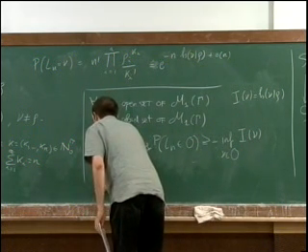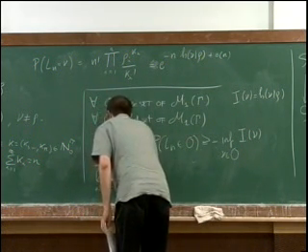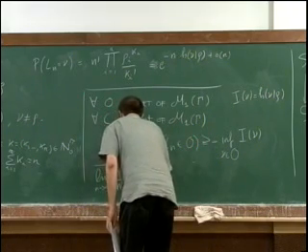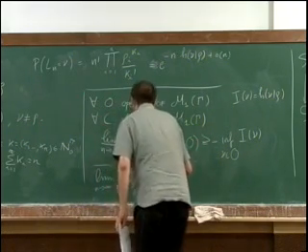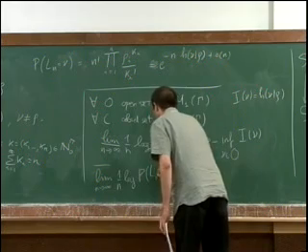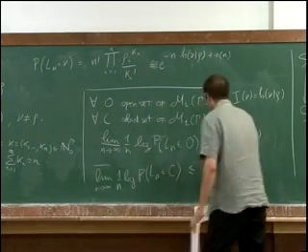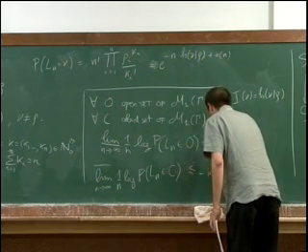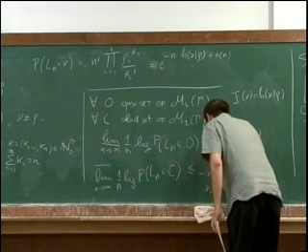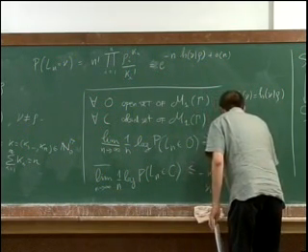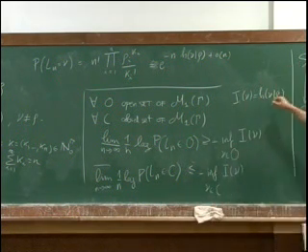And the superior limit of the same thing, the probability that the empirical measure belongs to a closed set, is less than or equal to minus the infimum over the closed set of the same functional, the relative entropy.